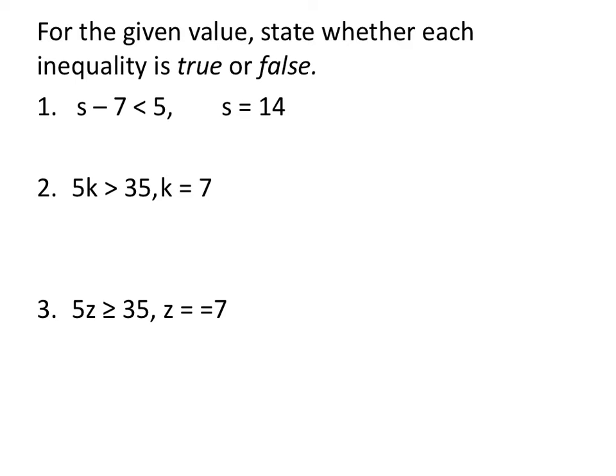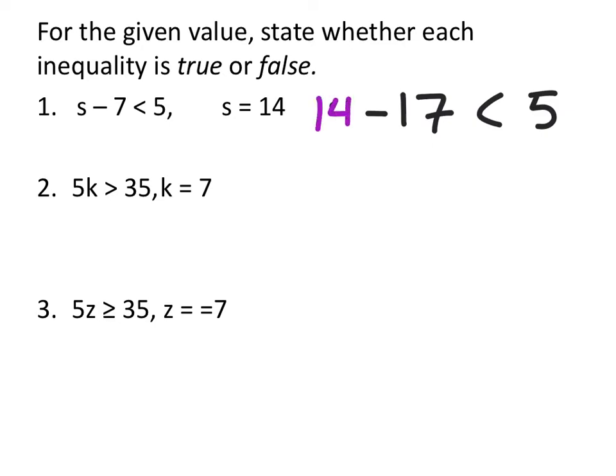So, again, this is just kind of hammering the point home. We're just looking to see if these values of s, k, and z would make these specific inequalities true. So it's just like regular evaluation, right? Like we got s minus 17 is greater than 5, and we're going to replace that s with 14, right?